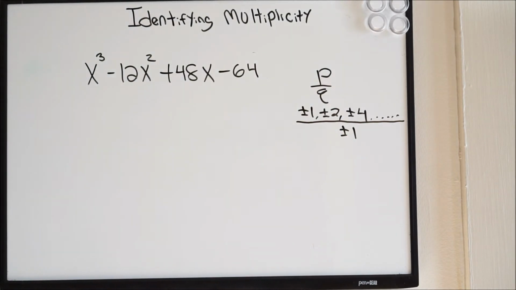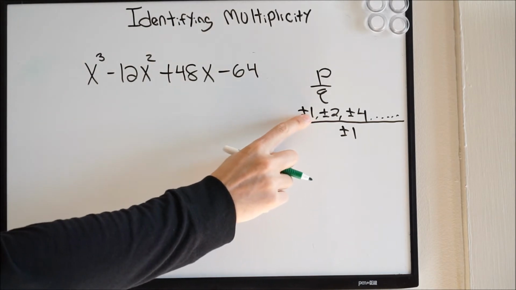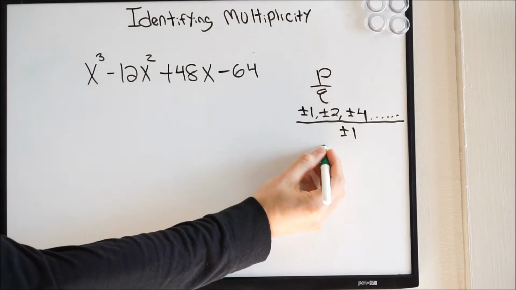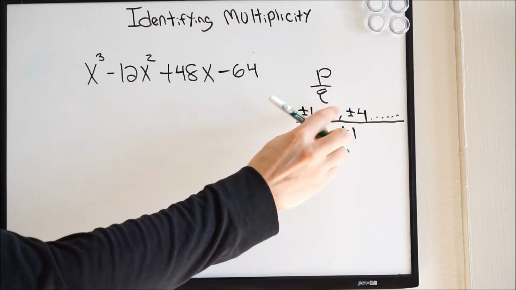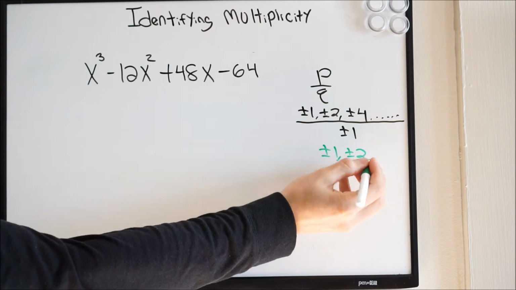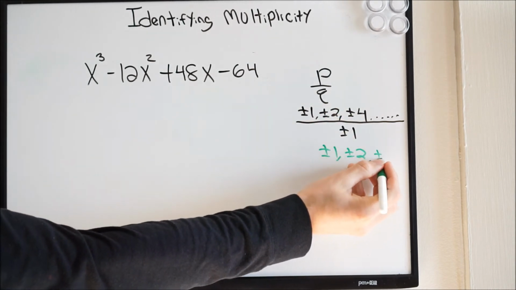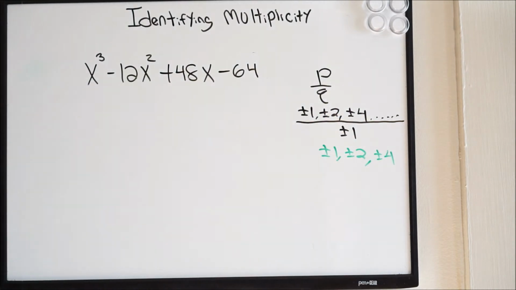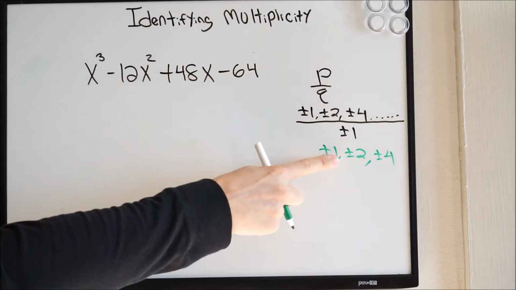Now we just simply do this out. Plus or minus 1 divided by plus or minus 1 is plus or minus 1. This will be plus or minus 2, since it's 2 divided by 1, and 4 divided by 1 is plus or minus 4. So these are some possible rational roots.